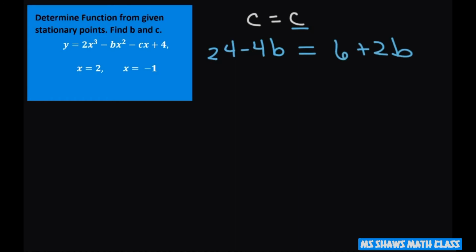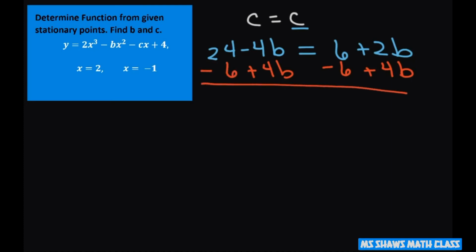Now we're going to solve for b. I'm going to add 4b to both sides and subtract 6 from both sides. That gives me 18 equals 6b. Divide both sides by 6. So b equals 3.